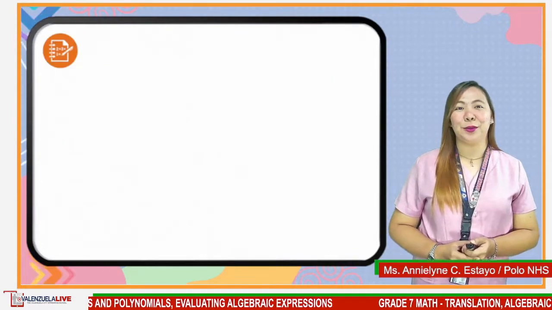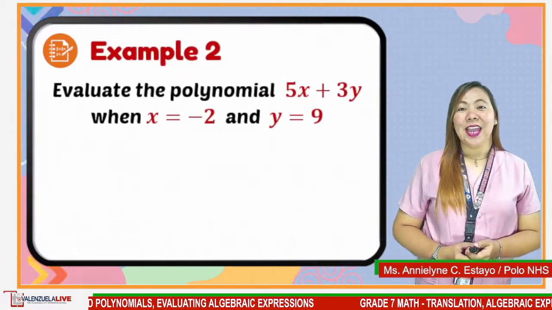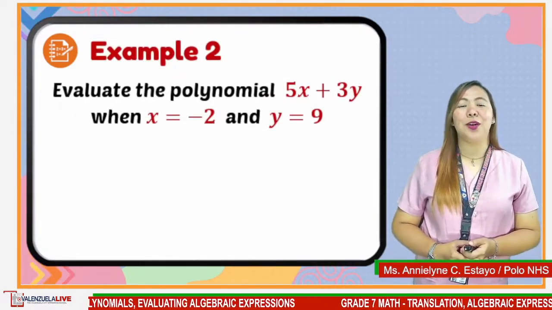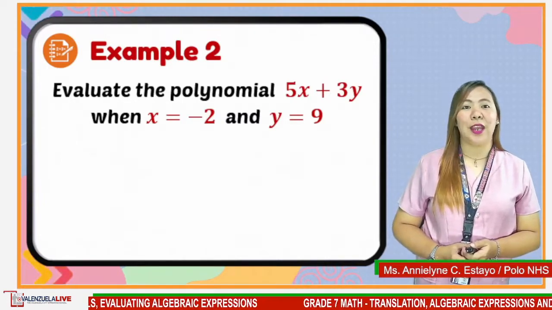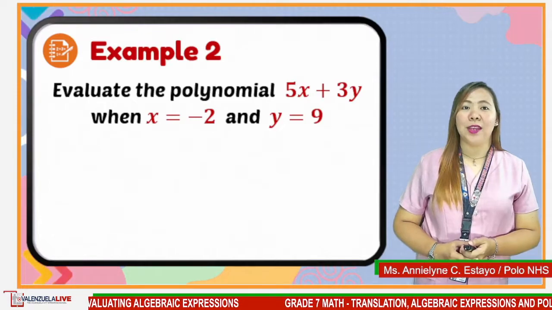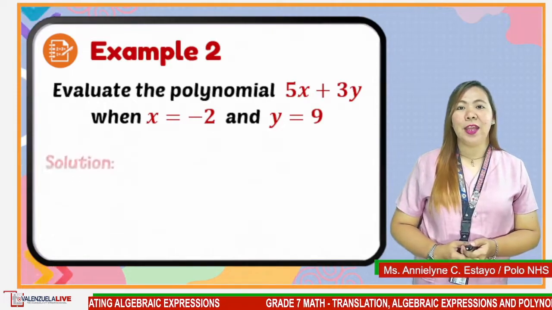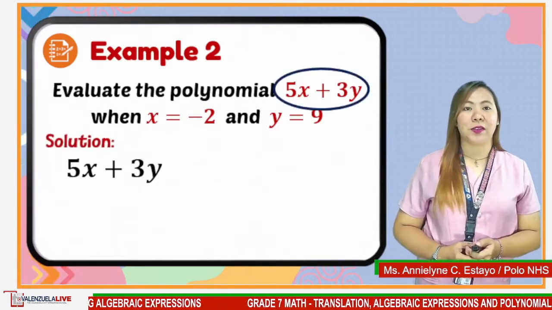Example number 2. Evaluate the polynomial 5x plus 3y when x is equal to negative 2 and y is equal to 9. Given is 5x plus 3y.